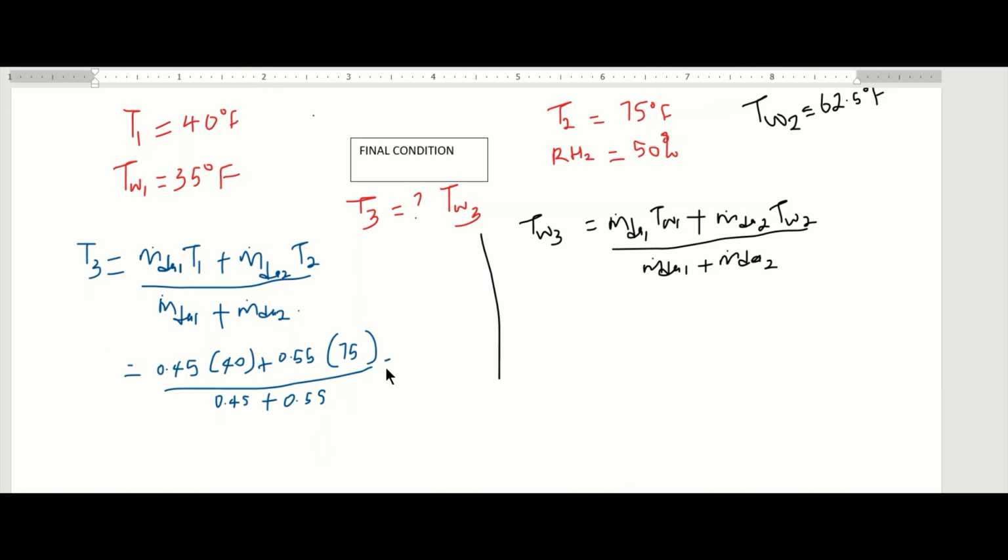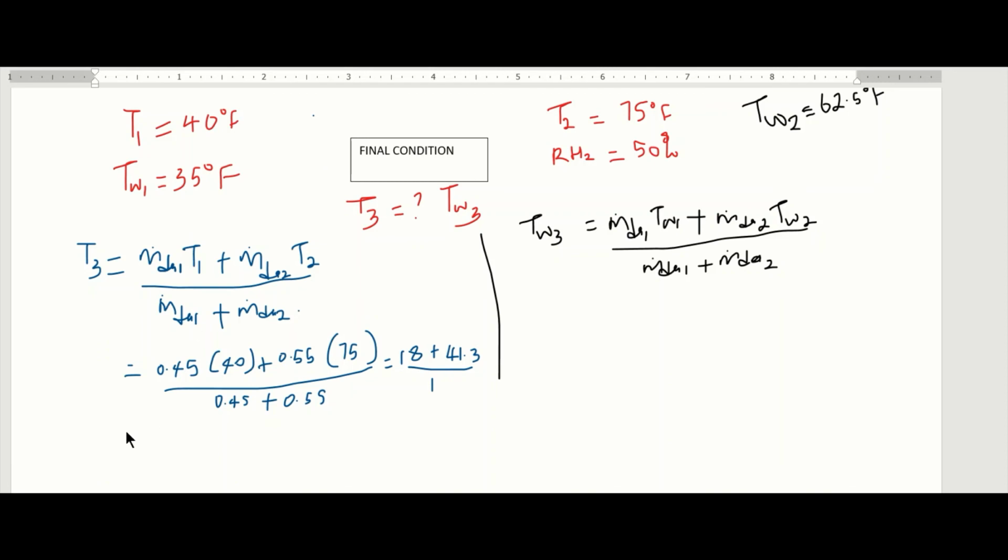So 0.45 times 40 gives us 18, plus 0.55 times 75 gives us 41.3. Divide by 0.45 plus 0.55, which gives us 1.